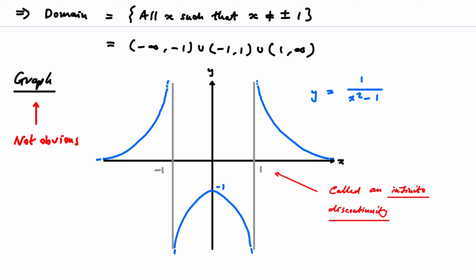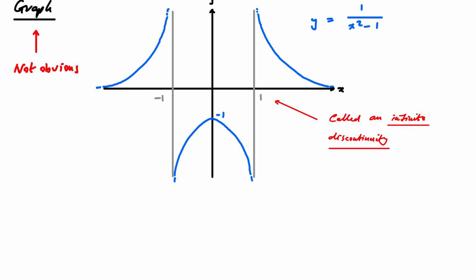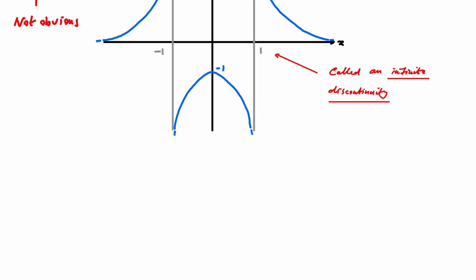Let's do another example. So I really want to show you the incredible variance in the behavior of functions. So example, let's do f of x is equal to, what should we do? Let's do the following one.